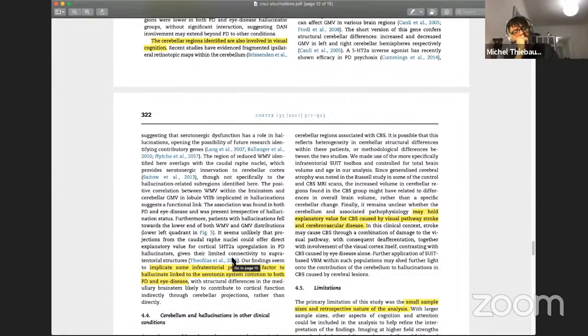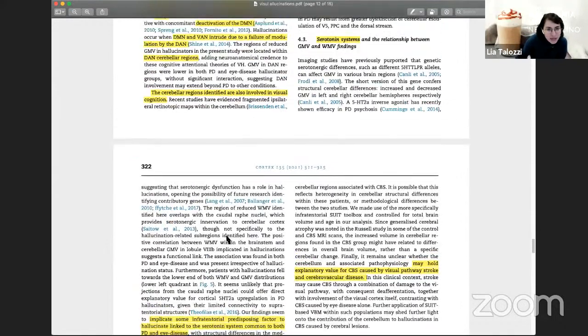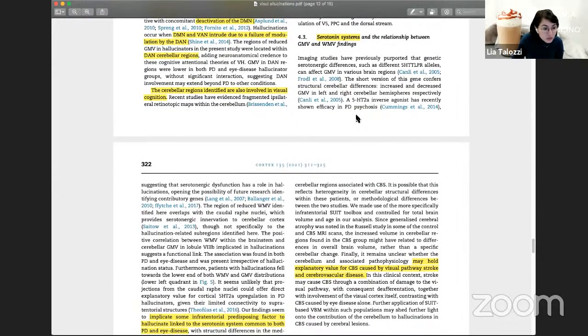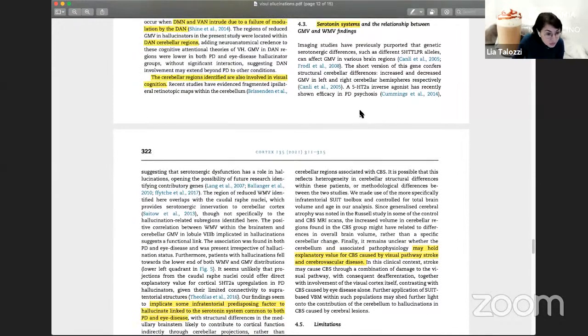But I read that, and I don't really know about the serotonin system. They also said that there is sometimes a genetic correlation with these findings that can be related to psychosis, and they try to link these correlations also with the cerebellum.